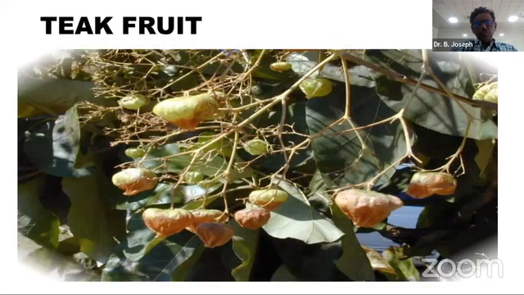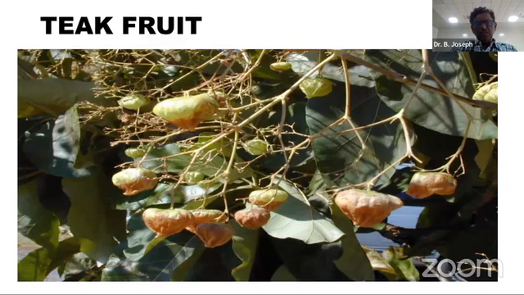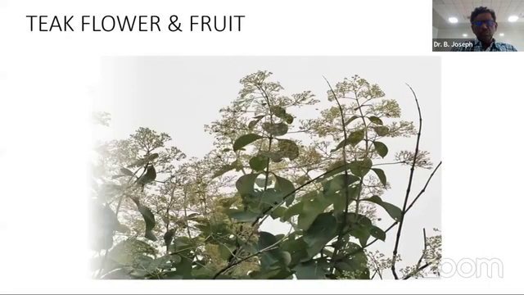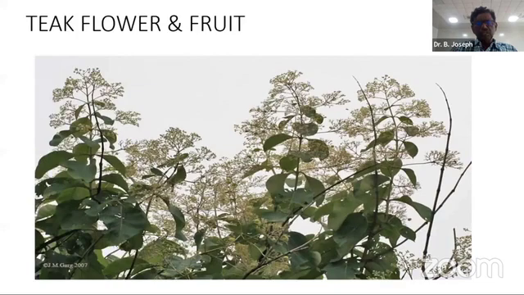These are the teak leaves. Coming to the teak fruit, this is how the fruit looks. And this is a teak flower. Teak flowers and fruit both are in the trees. It looks aesthetically very beautiful when the teak tree flowers, especially when we see it in the forest area or all along the roadsides in the flowering stage.